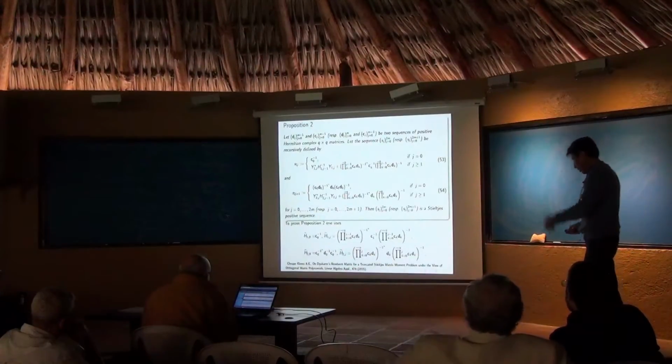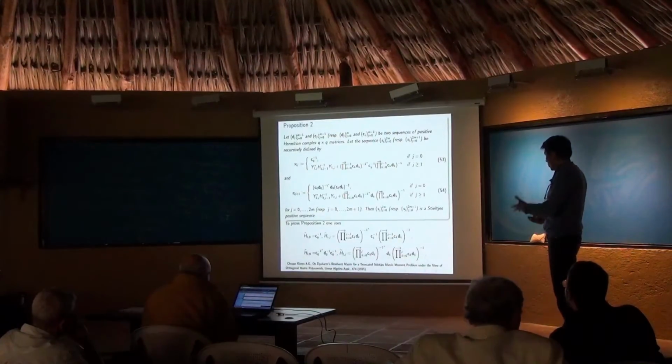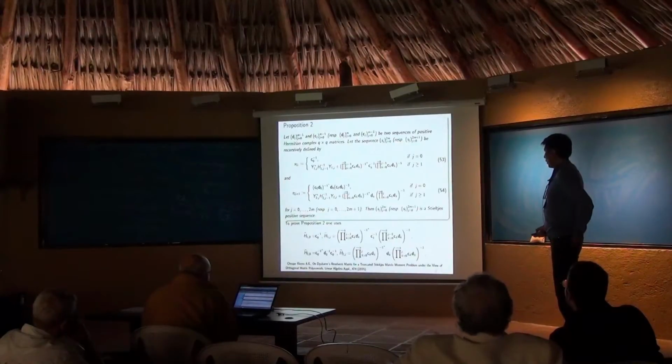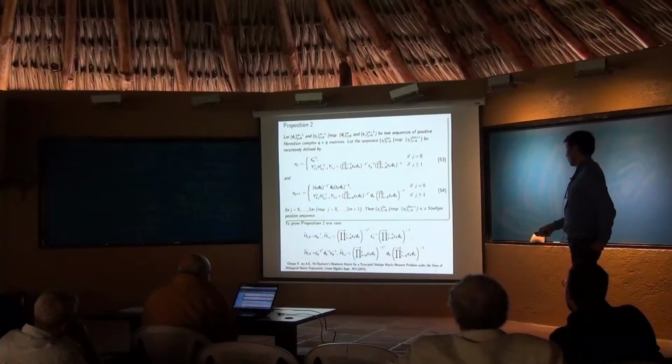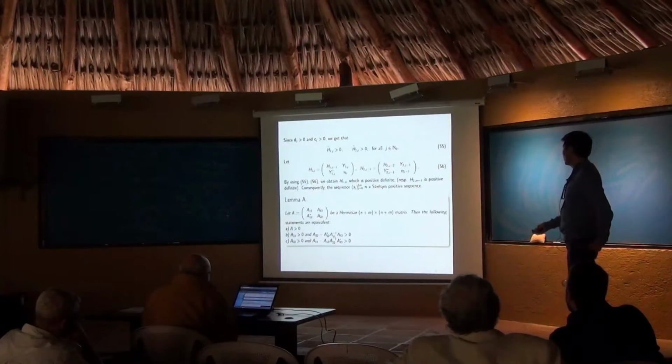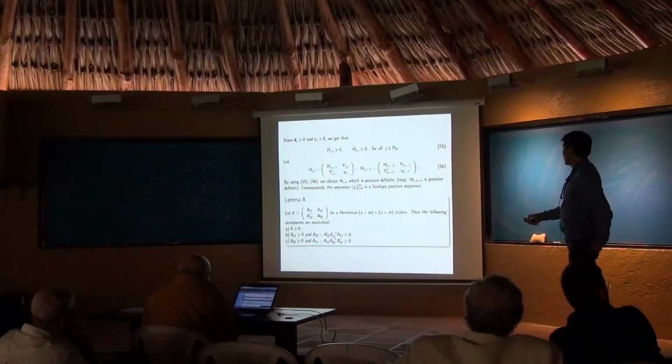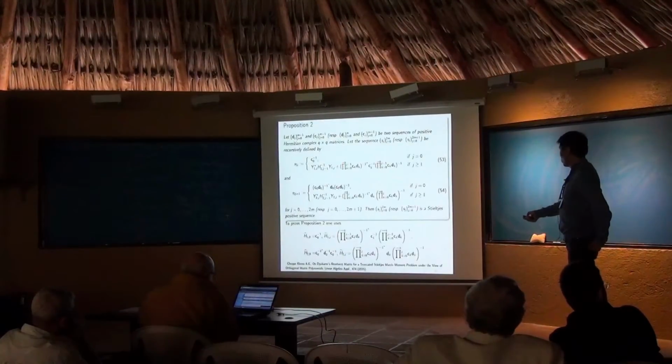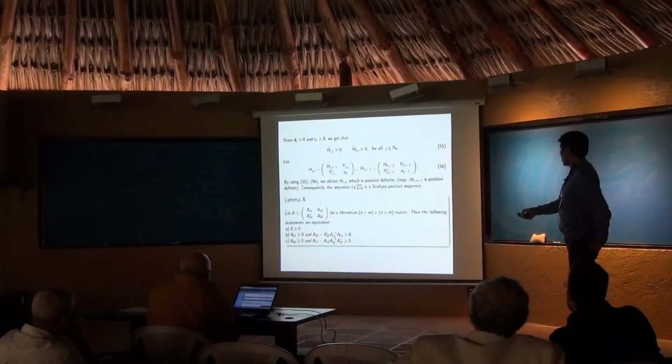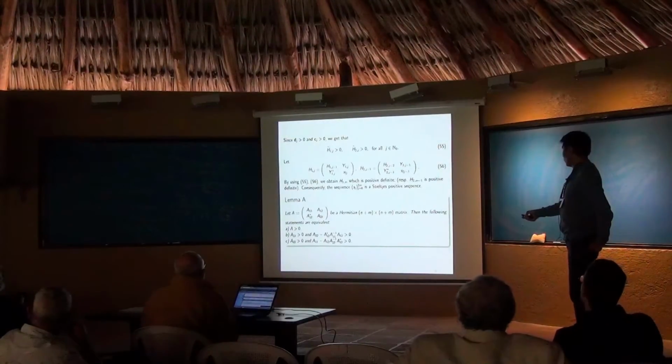It means that we will be able to connect with the orthogonal polynomials, and the proof is connected with the fact that these matrices are positive, and we recursively construct such matrices here like 56. And we use this lemma.